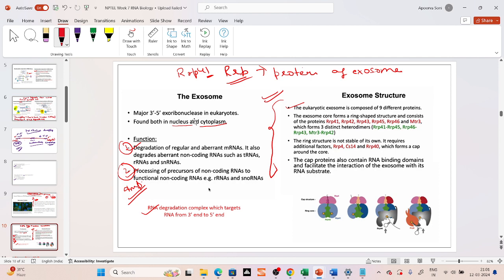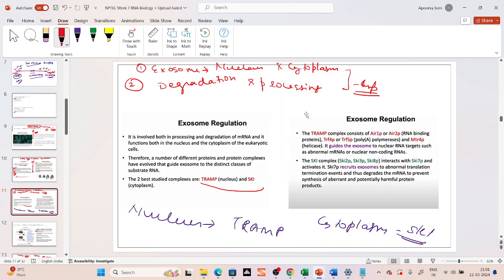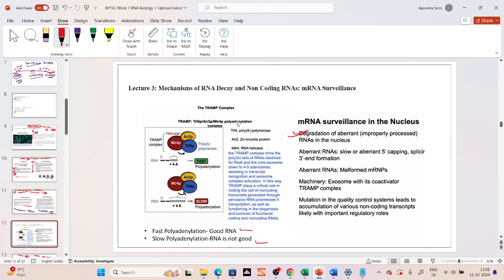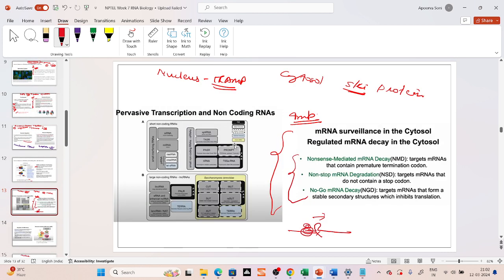Exosomes can function both in the nucleus as well as in the cytoplasm. The naming of the exosome follows like RRP41, RRP. If RRP is written anywhere, always remember it is exosome only. Then we saw that the TRAMP complex works in the nucleus, whereas the SKI complex works in the cytoplasm.